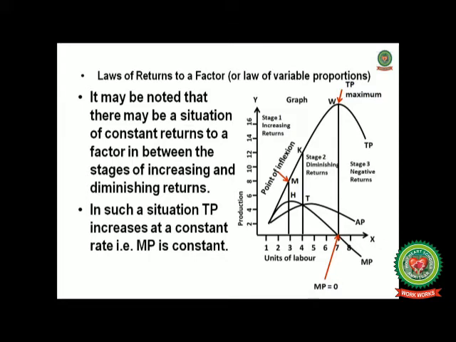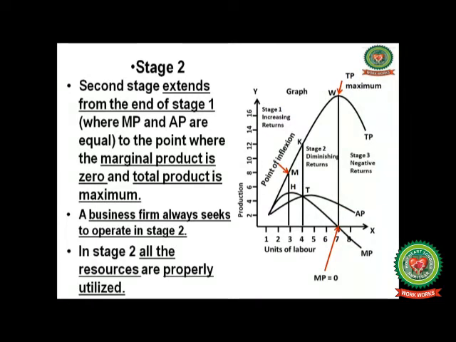Next, in this situation, total product increases at a constant rate, that is, output remains the same at 15, and the marginal product also remains constant.